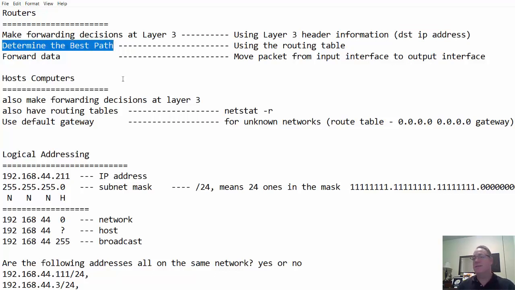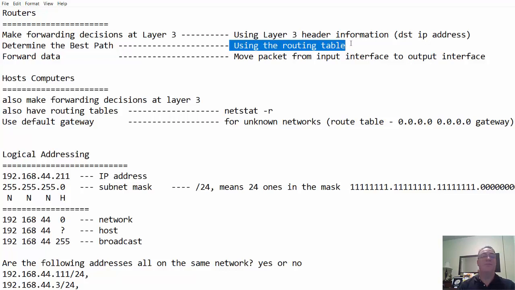Routers are different than PCs typically because they have multiple interfaces and they can take different routes. They can go different directions. So they need to determine what's the best path to take. To do that, they use their routing table. Lastly, routers make forwarding decisions, they determine the best path, and then they forward the data, moving packets from input interfaces to output interfaces.